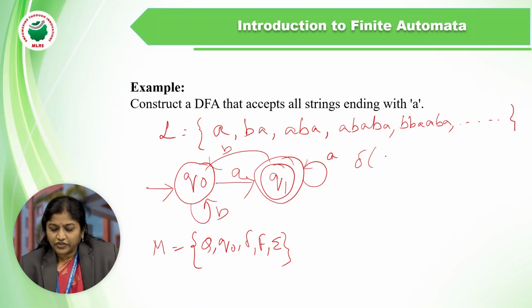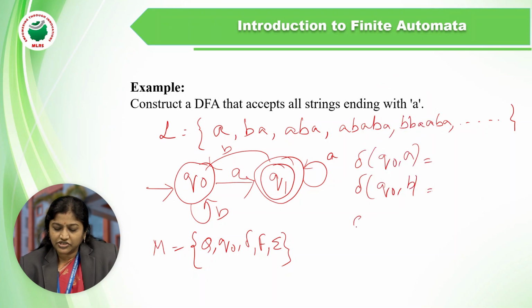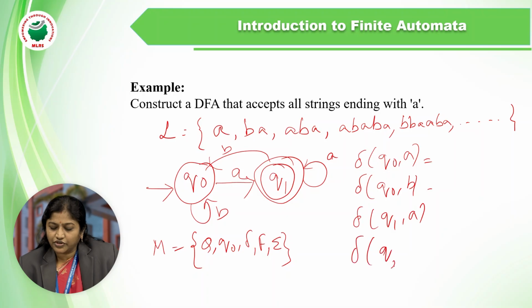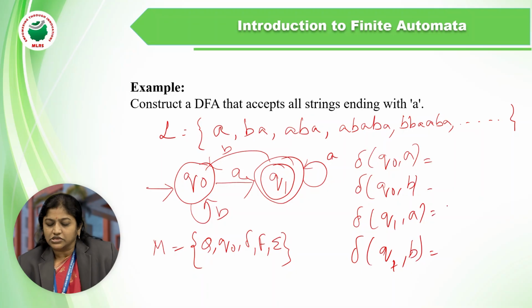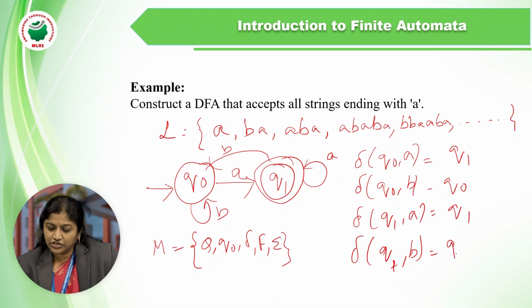Transition of Q0 on A, transition of Q0 on B, transition of Q1 on A, transition of Q1 on B. Okay, so Q0 on A is what? Q1. Q0 on B is what? Q0. Q1 on A is what? Q1. Q1 on B is Q0.